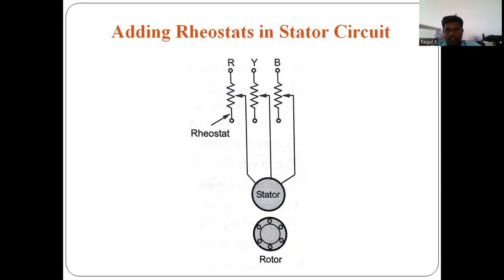In the starting stage, the rheostat is at the maximum position, so the voltage drop reduces. When the voltage drop reduces, the current automatically reduces. When the voltage drop increases, the torque is affected, and the speed is also controlled. This is adding a rheostat in the stator circuit.